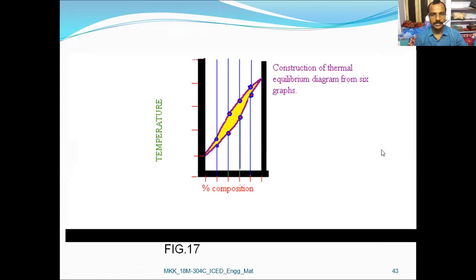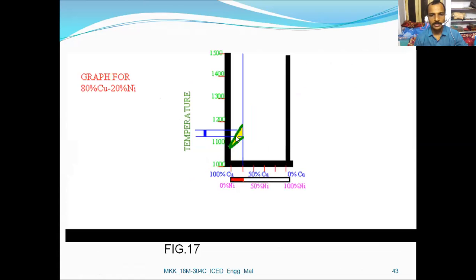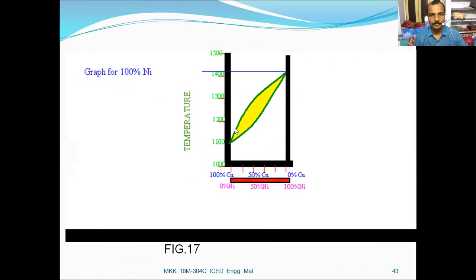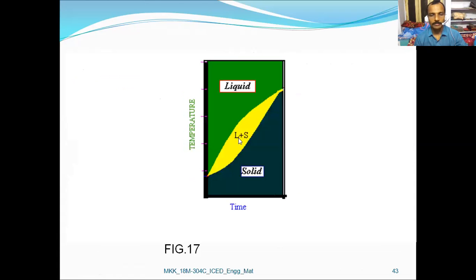Here, this is the composition of nickel and copper, temperature, and this is the formation of the equilibrium diagram: solid, liquid, and in between, the equilibrium.